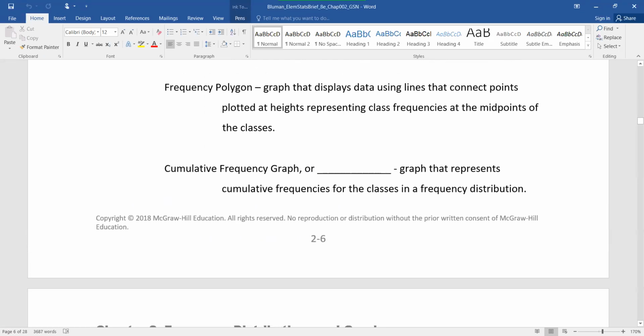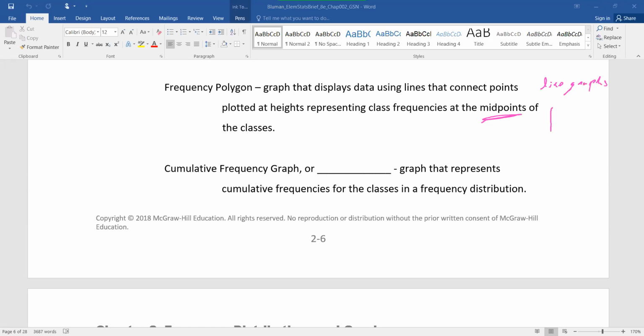All right, so frequency polygons are graphs that display data using lines that connect points plotted at heights representing class frequency at the midpoints of classes. So you would look at the midpoints part, and these are basically what we call line graphs. I'll show you some examples today on that.